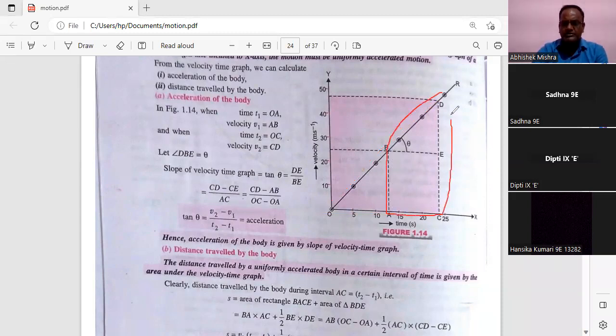This is the total area which is covered by the body. In this we can see a rectangle BACE plus a triangle BDE. So the area of the rectangle, length into breadth, that is BA into AC, plus the area of the triangle BDE, half into base into height, that is half into BE into DE. Is this clear to all?